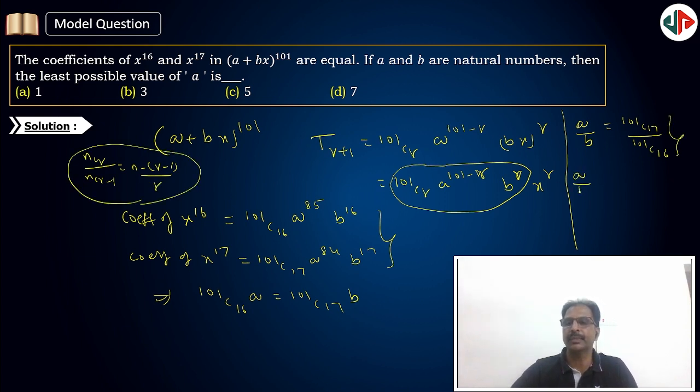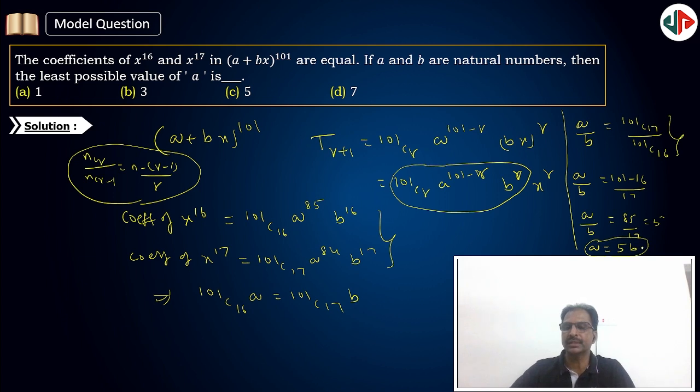So what will be a by b? 101 minus 16 by 17. 101 minus 16 is nothing but 85 by 17, which is 5. So a is equal to 5b. Given that a and b are natural numbers, what is the least possible value of a?